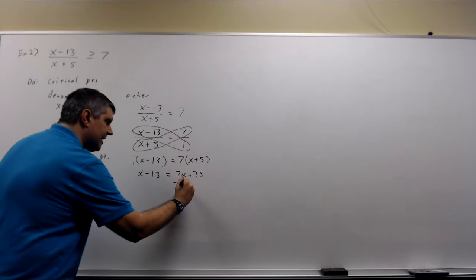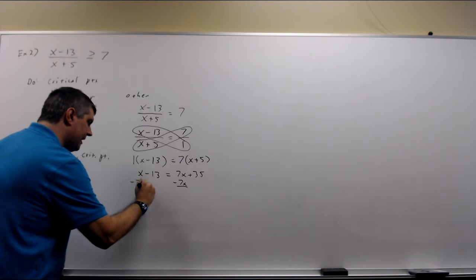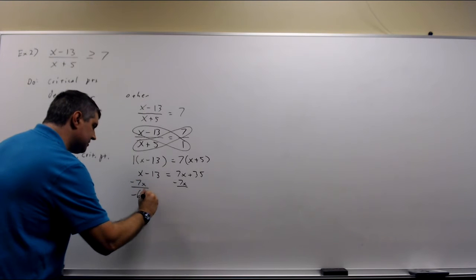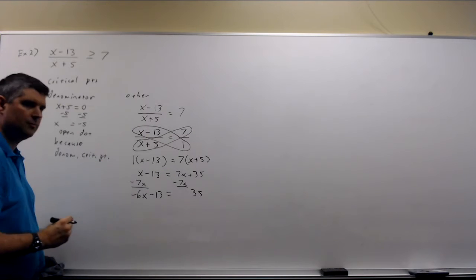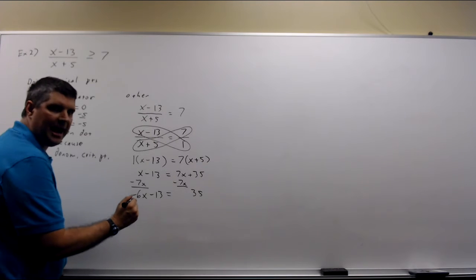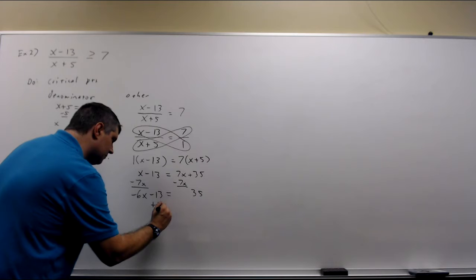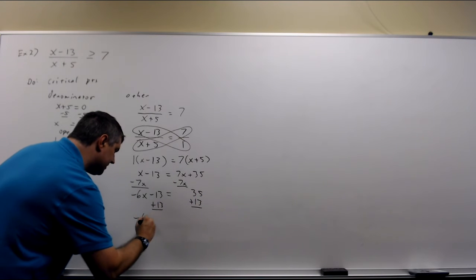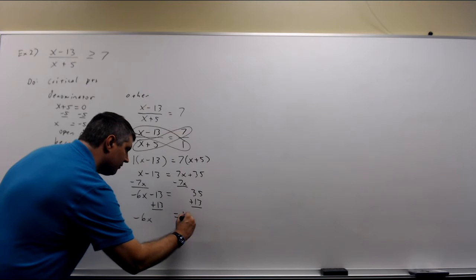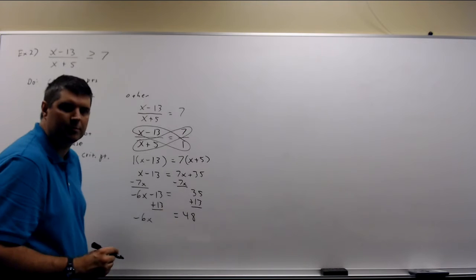I will subtract the 7x from this side so that I can get my x's to one side. Negative 6x minus 13 is 35. I will then add the 13, and I have negative 6x is 48.